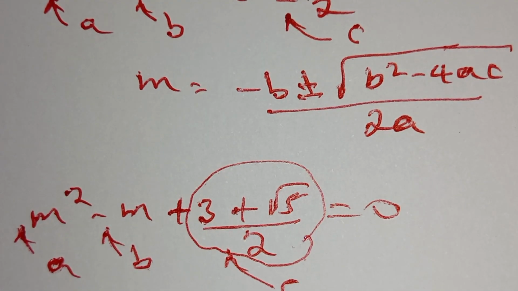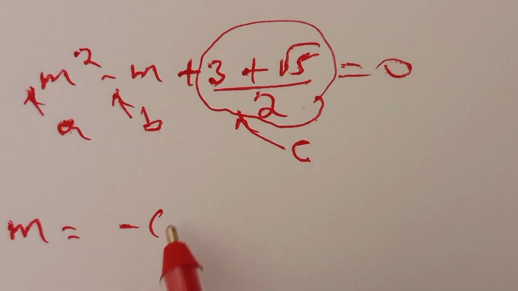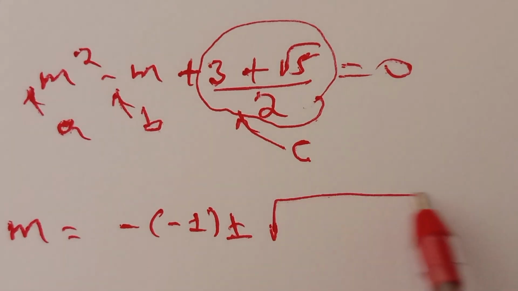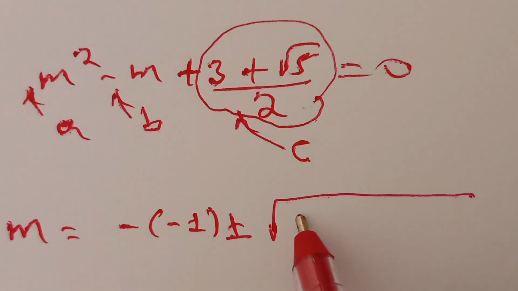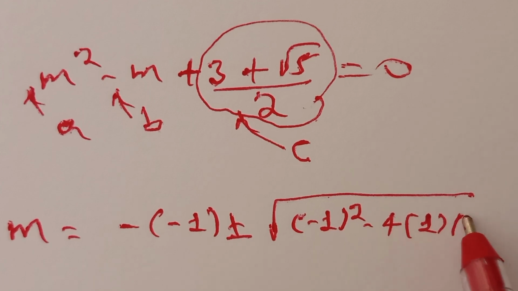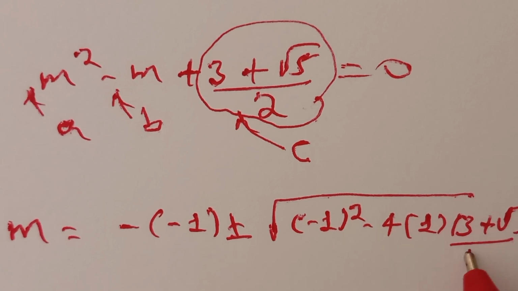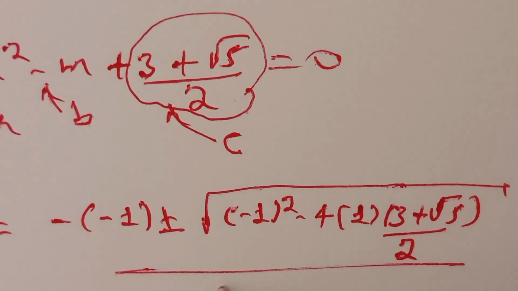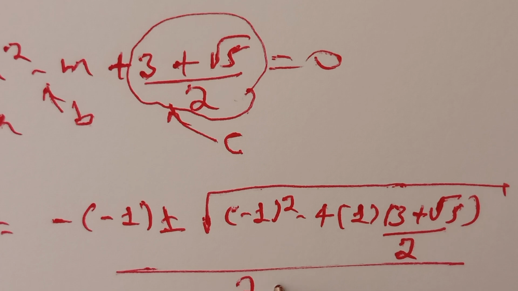With this part C, m is equal to minus minus 1 plus or minus the radical of 1 squared minus 4A times 3 plus root 5 over 2, over 2A, 2 times 1.